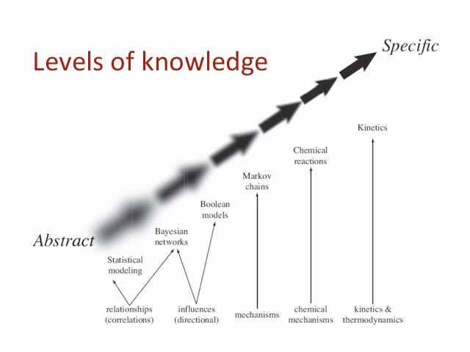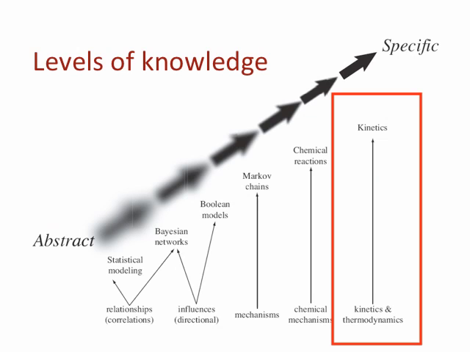At the other end of the spectrum, we have highly specific and mechanistic information about how two objects are linked together in a biological network. This class will operate on this end of the spectrum, where we will have detailed chemical, kinetic, and thermodynamic information about the links that we want to describe.